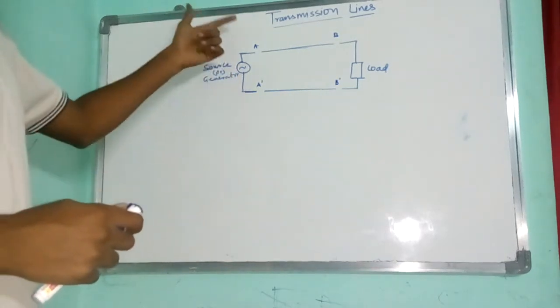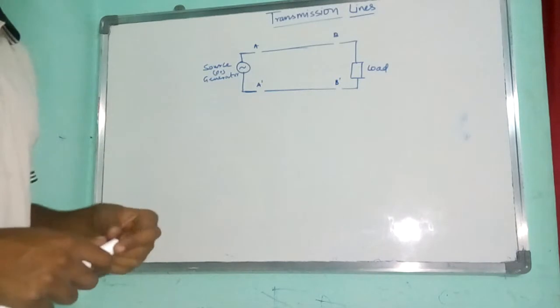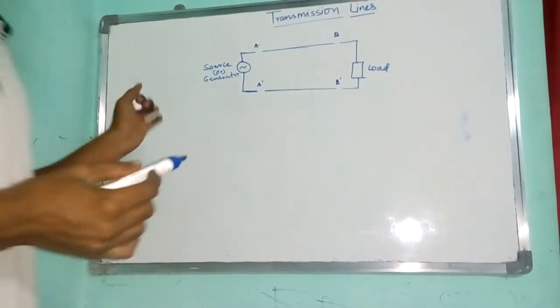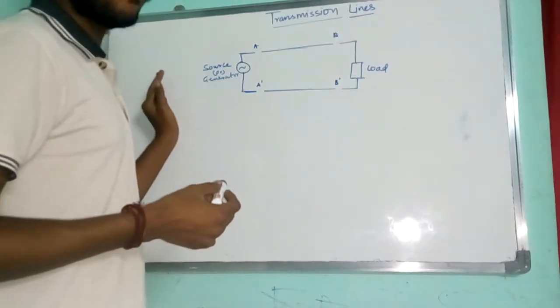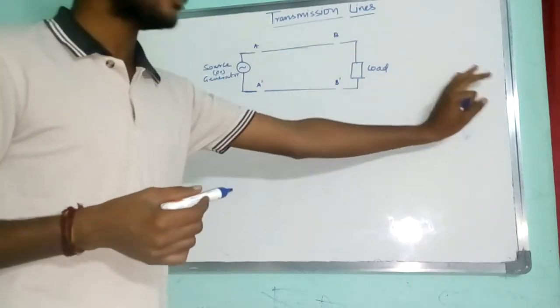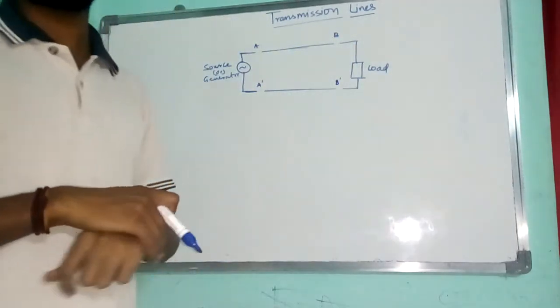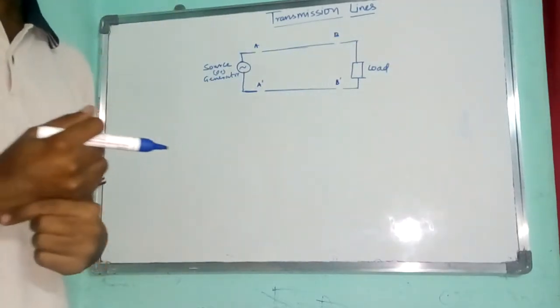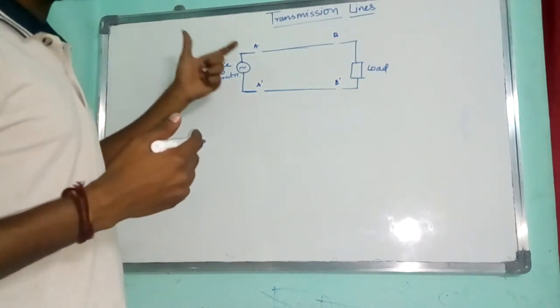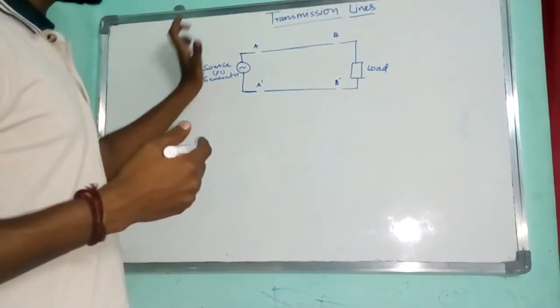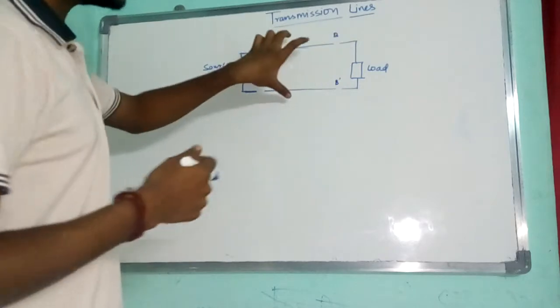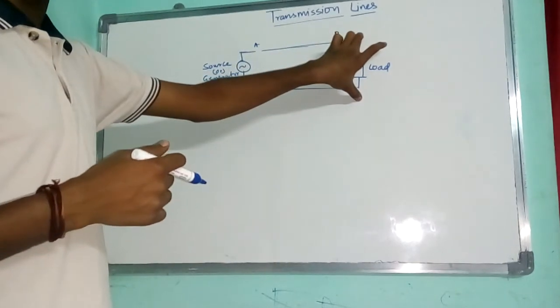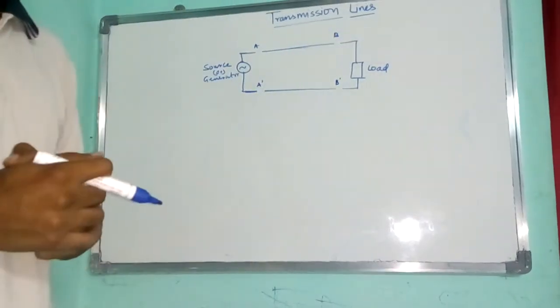The energy flowing from source to load will be in the form of waves. Whatever energy I apply here will travel through the conductors and reach this load in the form of waves.